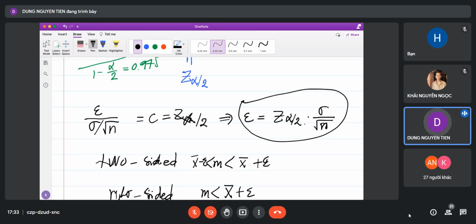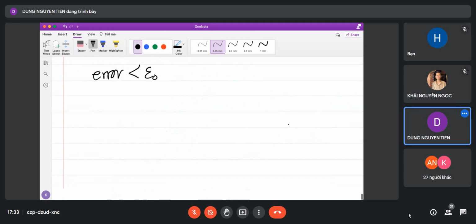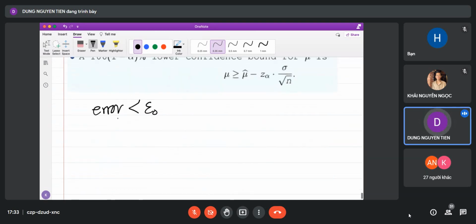It means that if you want the error to be small, you need the sample size to be big enough. If I need the error to be less than epsilon 0, suppose we are dealing with a two-sided confidence interval: z alpha over 2 times sigma over the square root of n is less than epsilon 0.